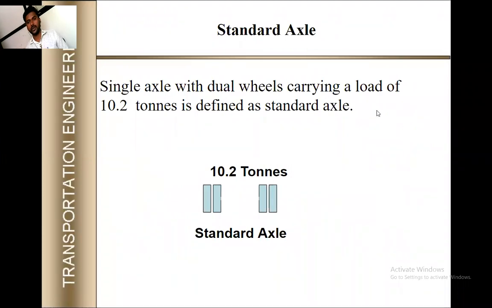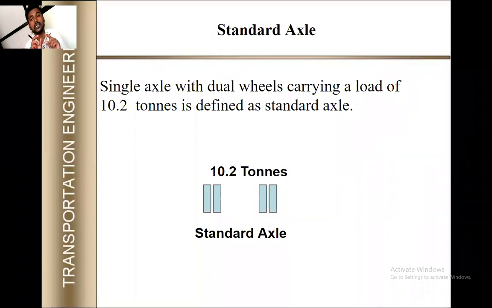Okay, then what is meant by the standard axle? What is the standard axle? When the single axle with the dual wheels carries the load of 10.2 tons, then it is called a standard axle. Are you getting what is meant by the standard axle?